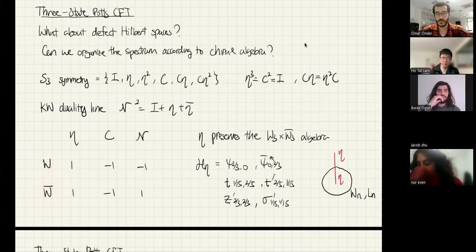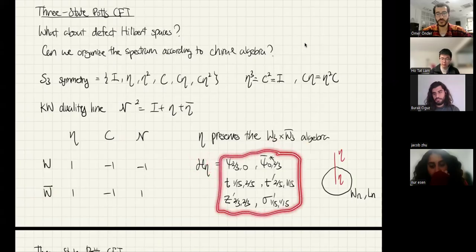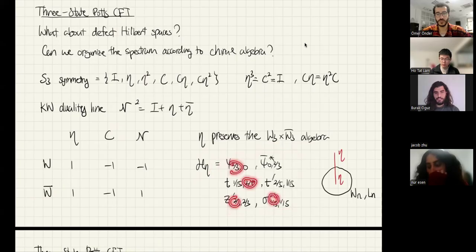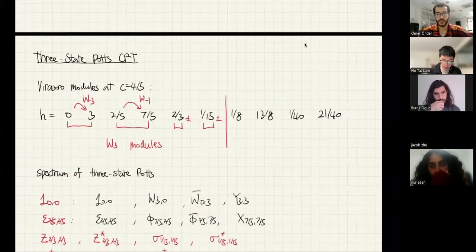Because eta doesn't act on W, it preserves the W3 algebra. As a result, the eta Hilbert space can all be organized into W3 representations. So these are all representations of the W3 algebra, and you see that these numbers are always the numbers that appear here.